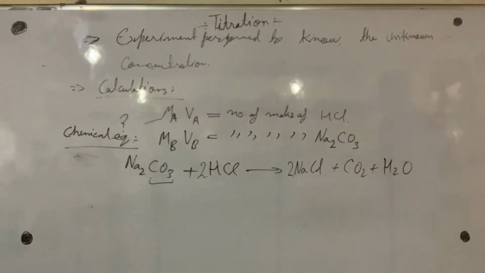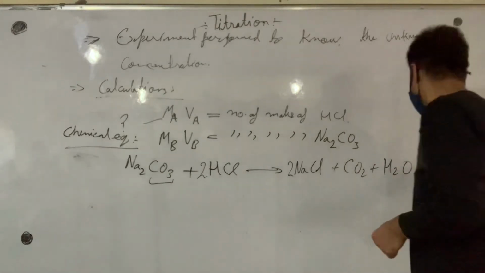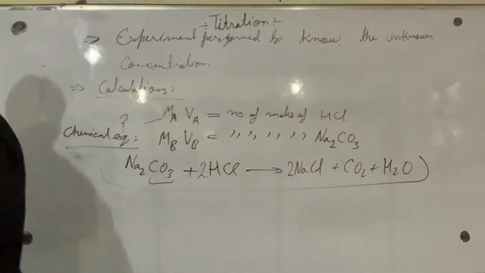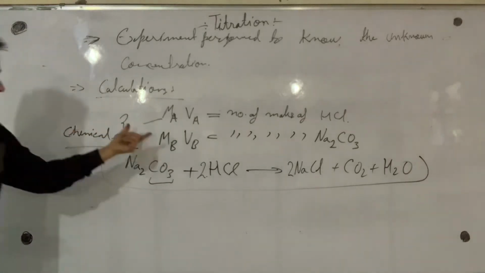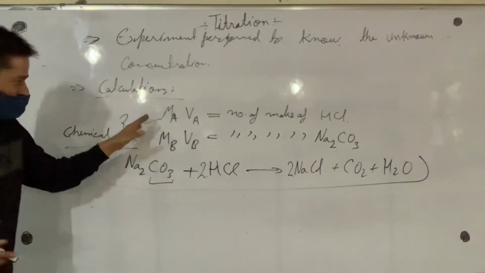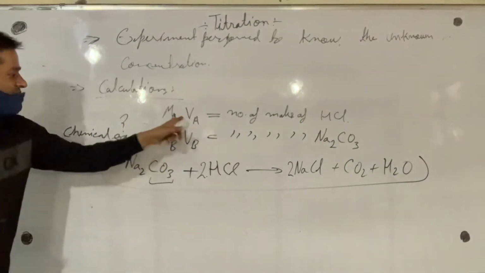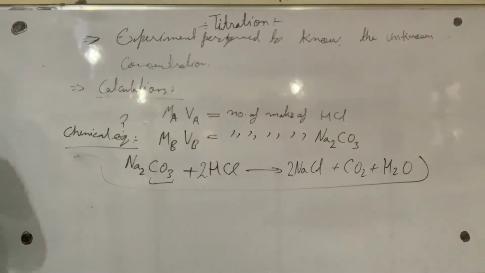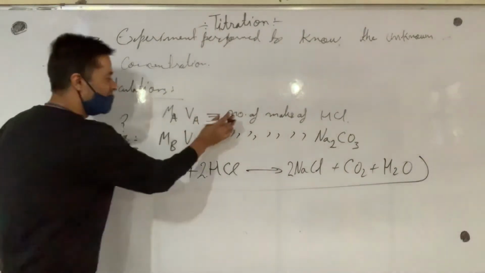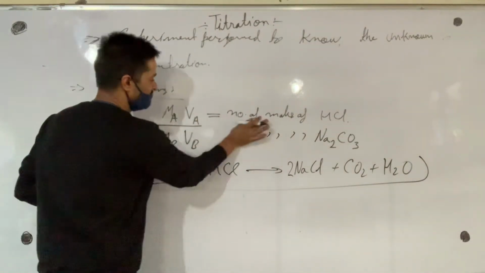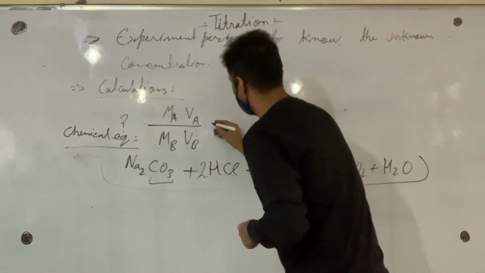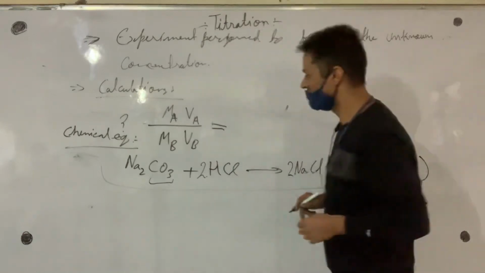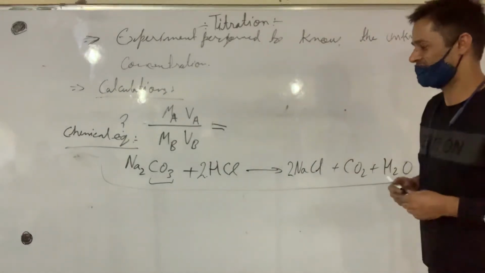2. So now what is the use of this equation in our formula? What is the use of this equation? So now I will make MAVA upon MBVB is equal to number of moles of acid.